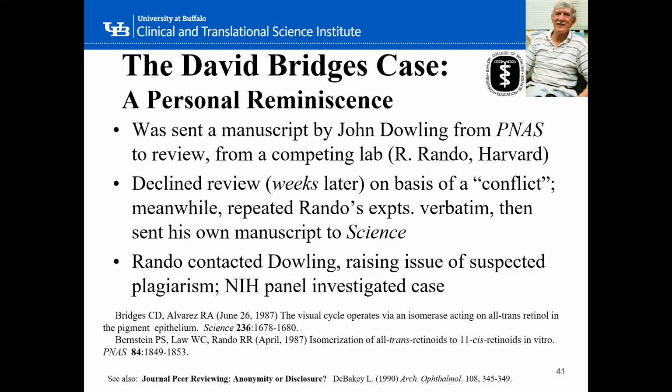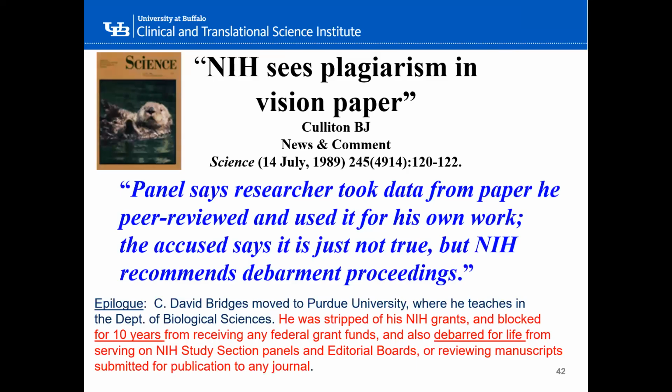And I'll talk more about this case in my second lecture. The panel basically concluded that this researcher, David Bridges, took data from a paper he peer-reviewed and used it for his own work. The accused, Dr. Bridges, says it just isn't true, but the NIH recommends debarment.